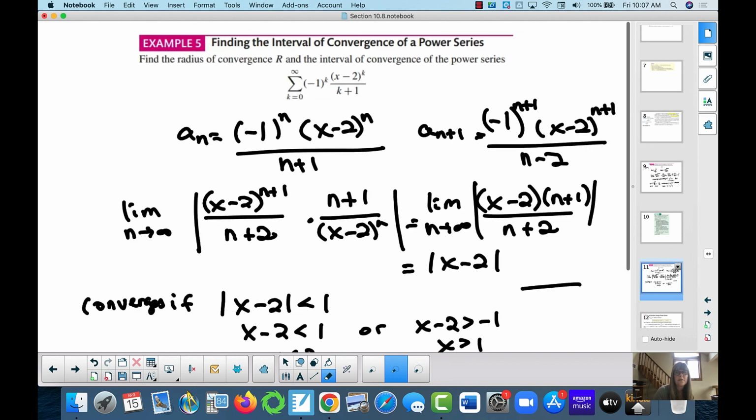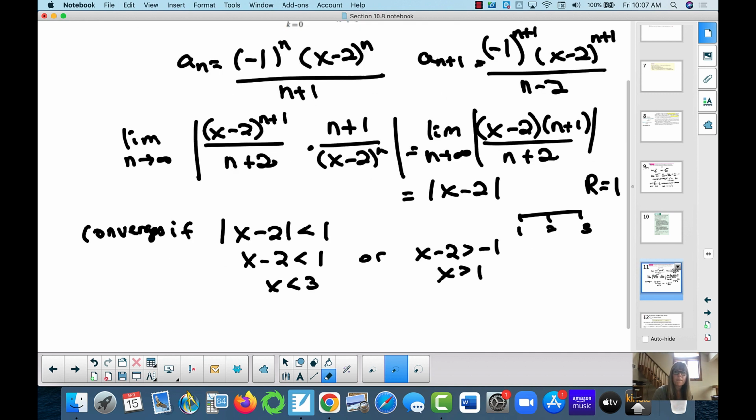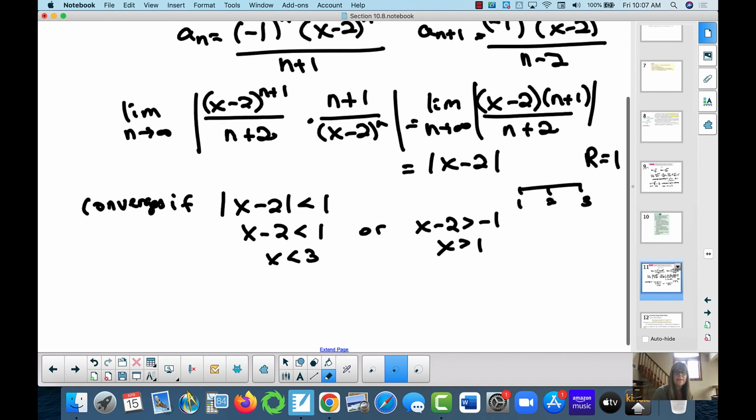Remember, it's always going to be centered at c. So it's centered at 2. My endpoints are 1 and 3. So my radius of convergence is 1. And now I need to test my endpoints, 1 and 3.